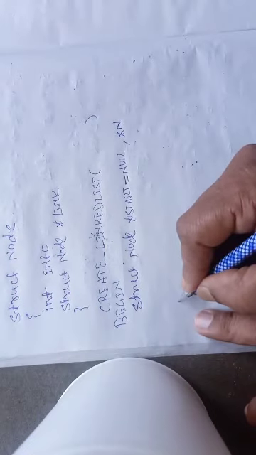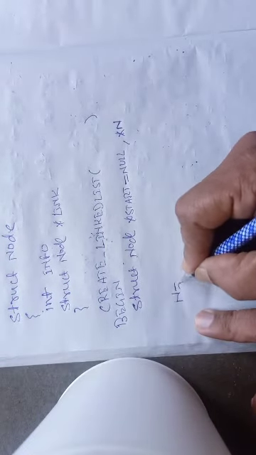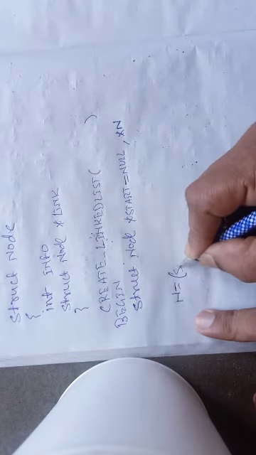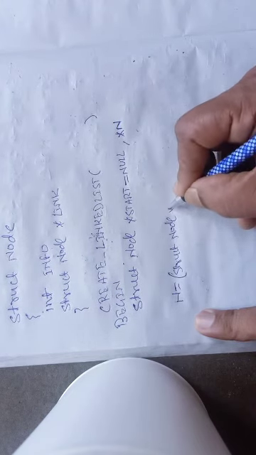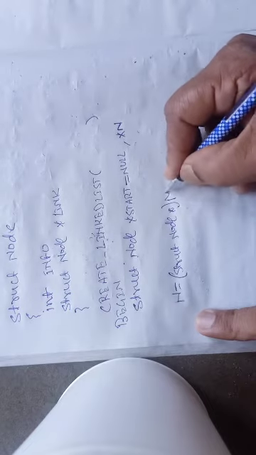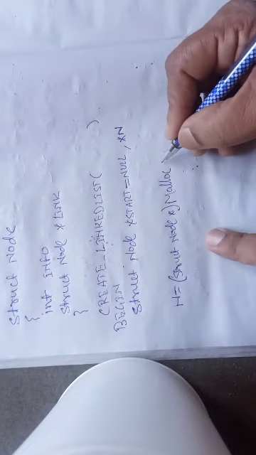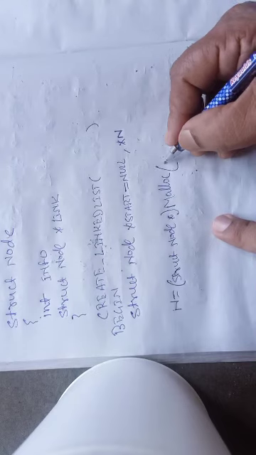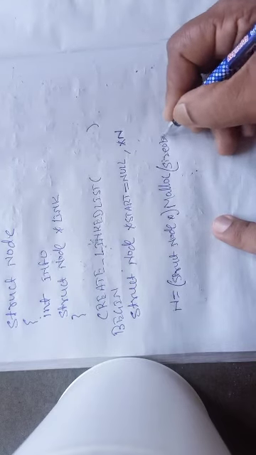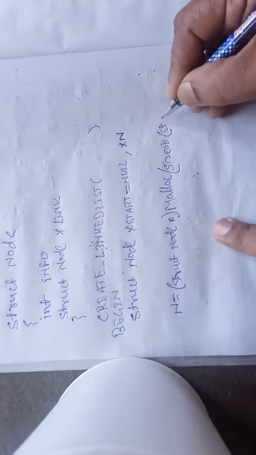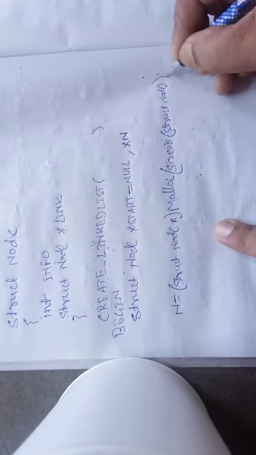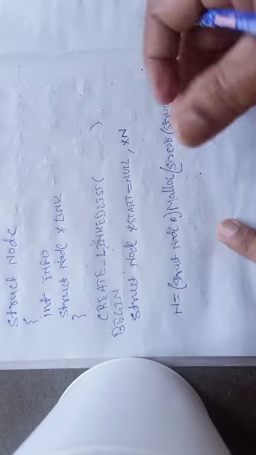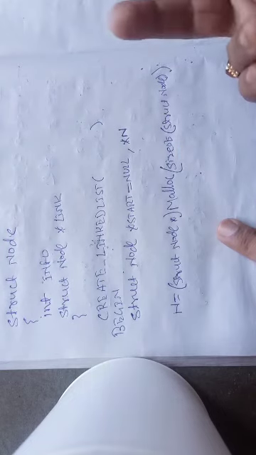So I'll create the first node. n equals struct node asterisk, then write malloc, then sizeof within brackets struct node. So this particular line reserves a memory space, and the address is now stored in n.